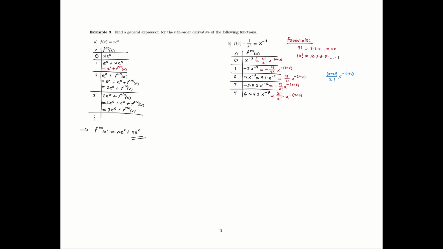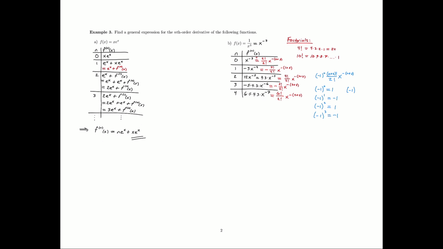Well, something that we're just going to have to tell you is if you take negative 1 and raise it to a whole number power, negative 1 to the 0th is 1, negative 1 to the 1 is negative 1, negative 1 to the 2 is positive 1, negative 1 cubed is negative 1.